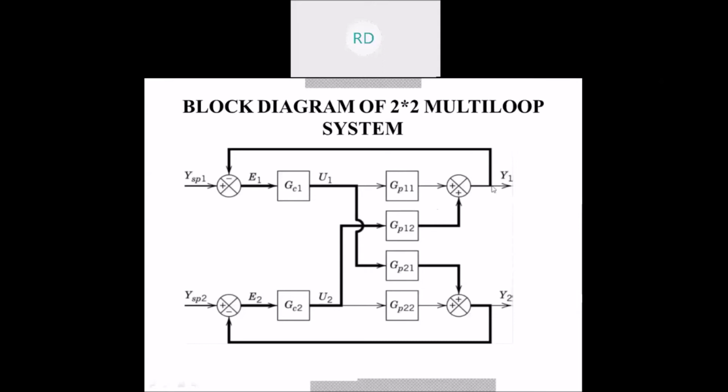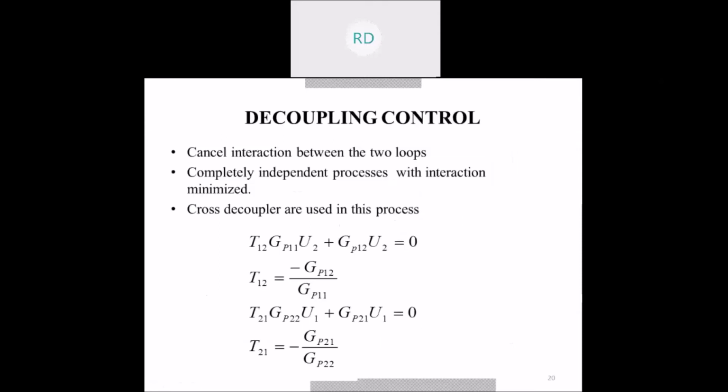So the pairing by RGA is done. The output y1 is fed back to set point 1, and the output of y2 is fed back to set point 2. Here the four transfer functions are for the quadruple tank process.